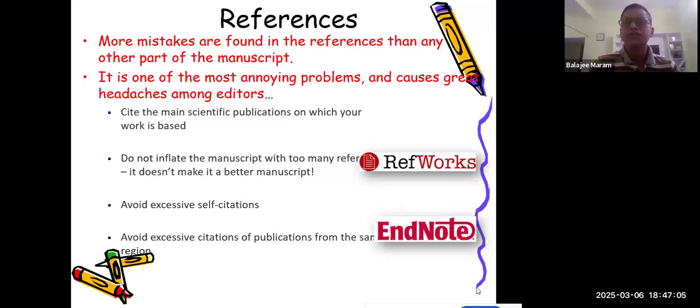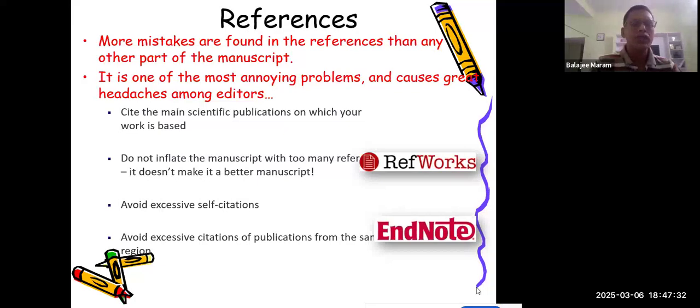We should include perfectly suitable references. Right, again, already I have given one example. We are doing research on retinopathy, but we have included some references related to diabetes. That is ethically wrong. Right, okay, so we need to take care and avoid such things.